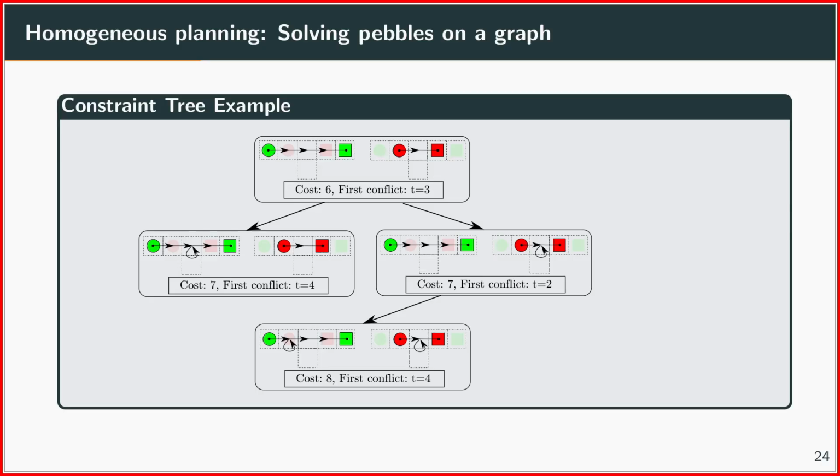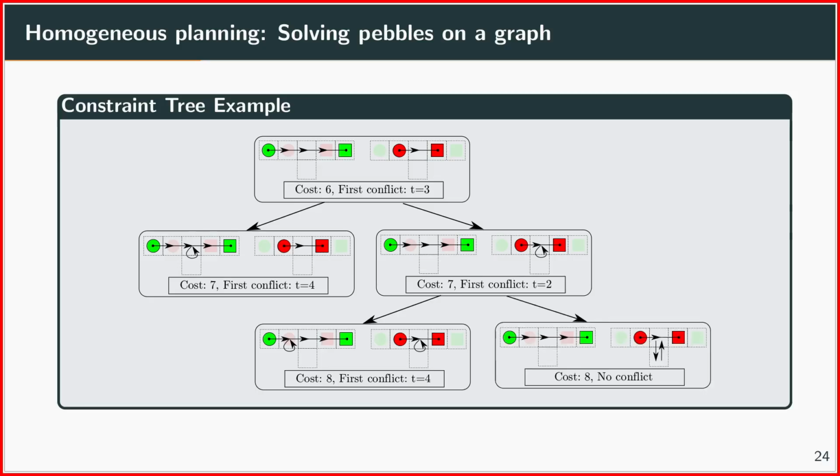Either the red robot is not at this position here at the second time step, or the green robot is not there. So when we start with the green robot, it just waits here one step more. We have a cost of 8 and a conflict at time step 4. And in the other case, the green robot just moves towards the goal because there is no constraint here.